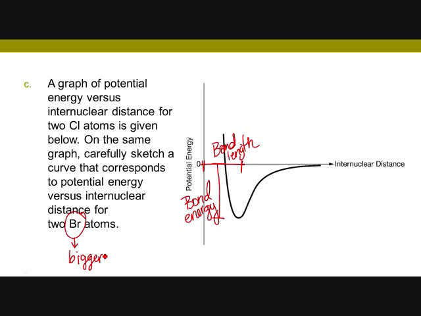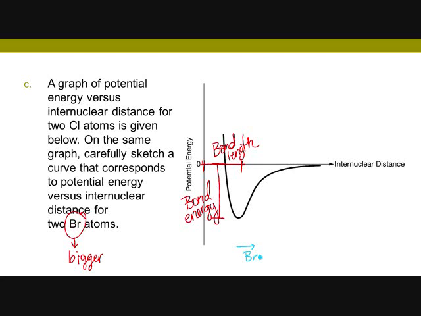So I'm going to do this in a different color. Let's pick blue. That tells me I'm going to need my bond length to be a little bit farther to the right for the bromine, because I know that bromine atoms are larger than chlorine atoms.